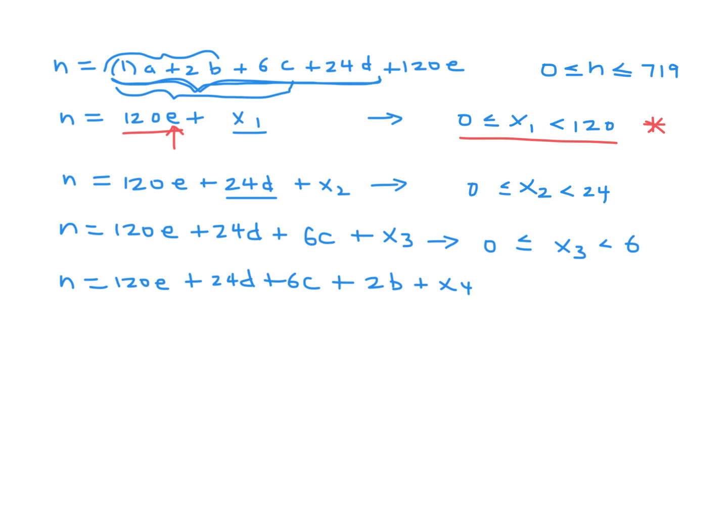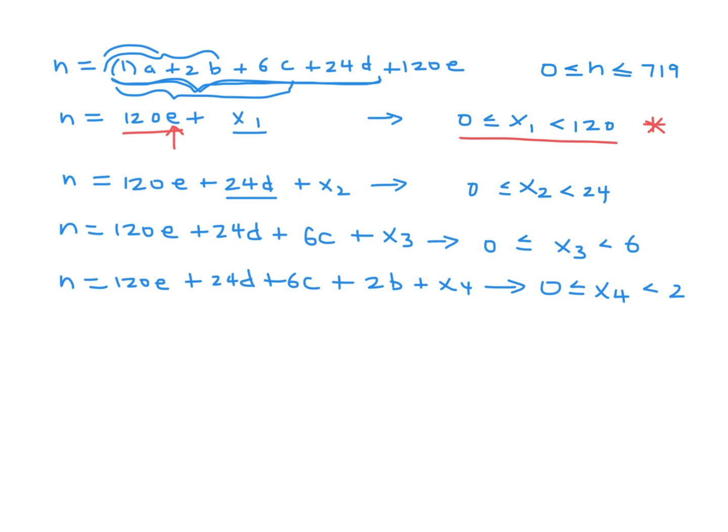And x4 is at this point just representing this guy here, the a1. So x4 obviously has to be less than 2. And then finally, I think that's pretty much it, because we've exhausted it all.